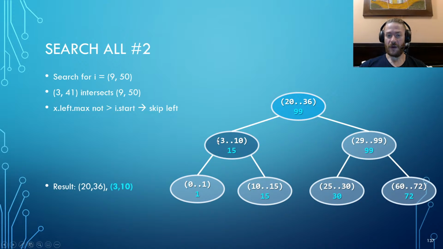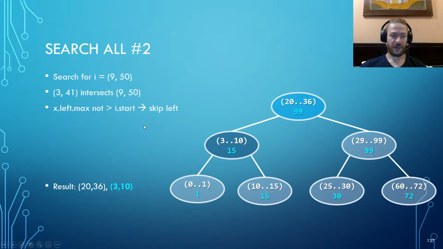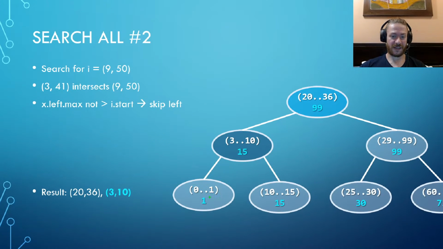If the interval here intersects, and currently it does, so we add it to the result. The left max is not bigger than the start here, so we skip the left part. Because the left max is 1 here, that value is 1, and it's not bigger than the start of the interval.